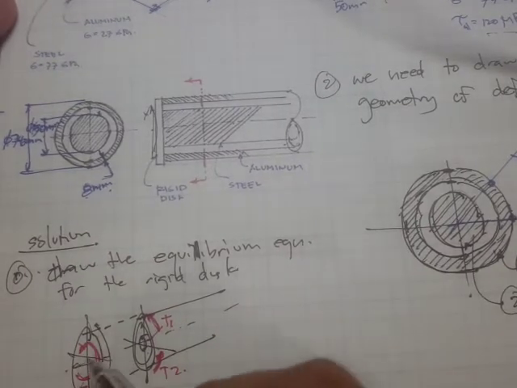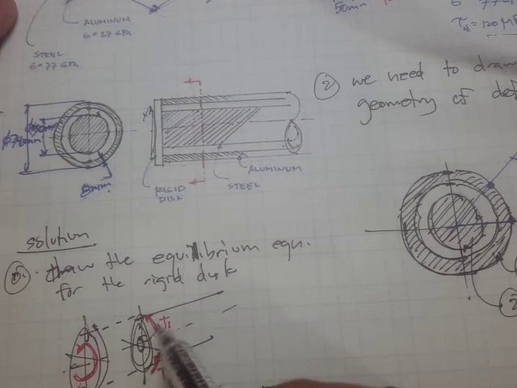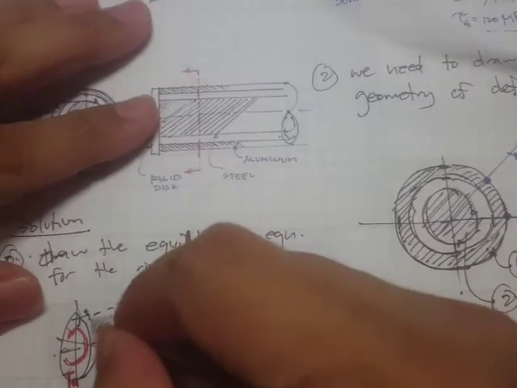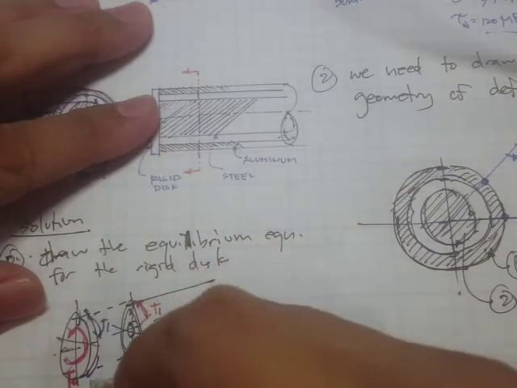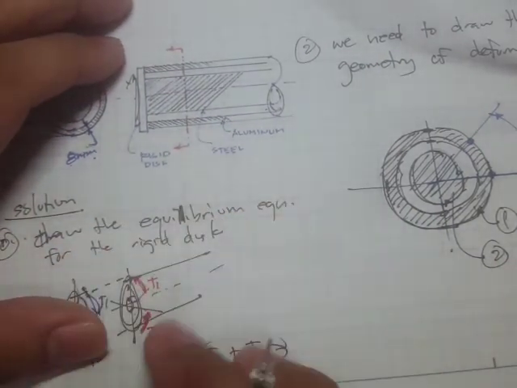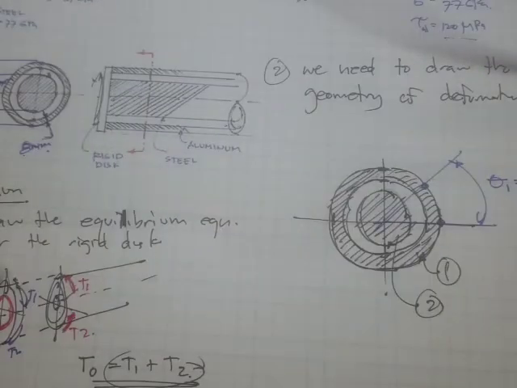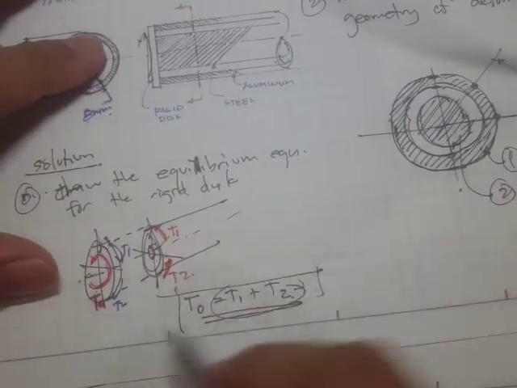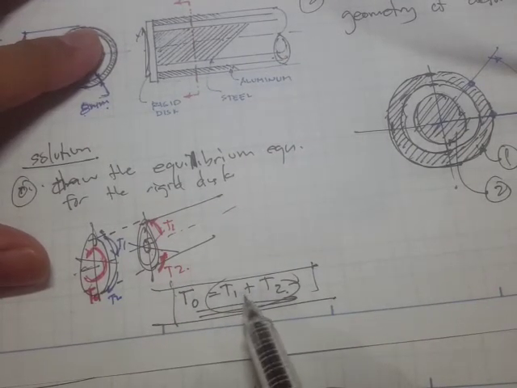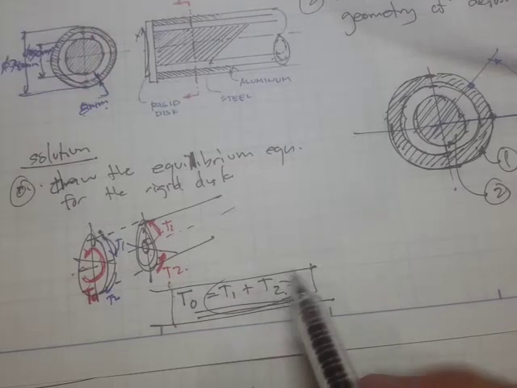If we consider just the rigid disc, there's going to be a torque 1 and torque 2, acting in the opposite direction, counterclockwise if you consider this portion. And the relationship is simply that the total torque must be equal to the torque in the aluminum plus the torque in the steel.